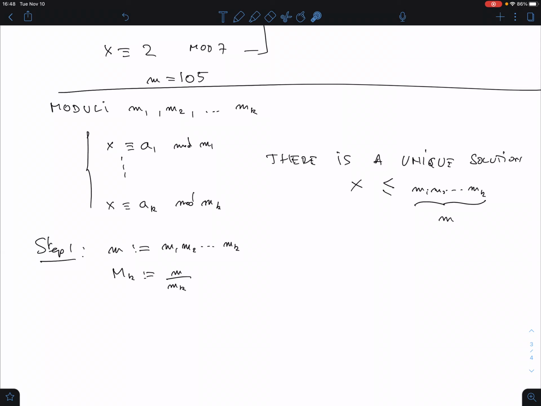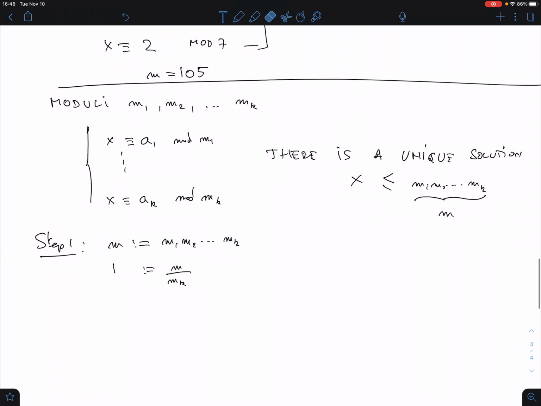Now what does that mean if you think about it? Little m is a product of all the moduli, and what am I doing now? I'm dividing one of them away. So capital Mi is m divided by mi, for i equals 1, 2, 3, all the way up to k.